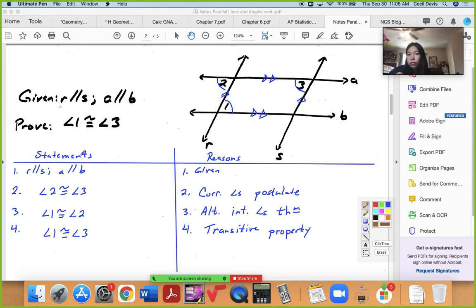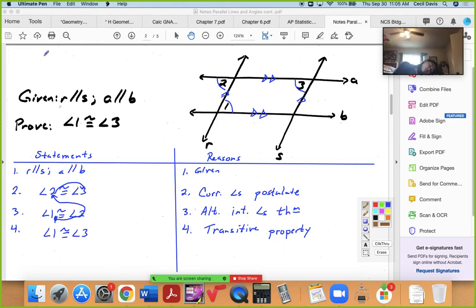And notice what I had up here. I had 1 was congruent to 2, and 2 was congruent to 3. Do you see how that kind of follows this trail of things? Starts at 1, goes to 2, then 2 goes to 3. Anytime you have a chain of things like that, that is the transitive property.